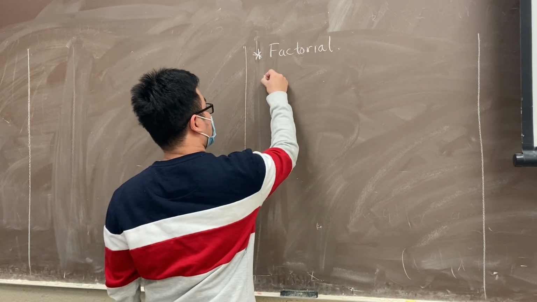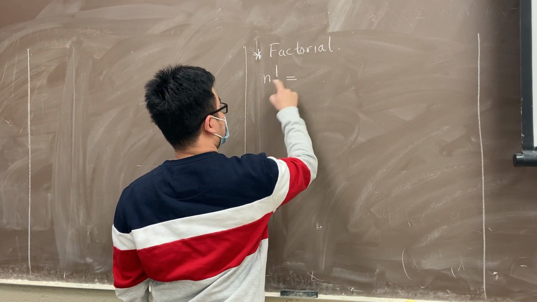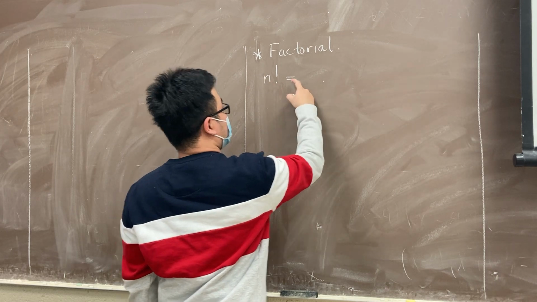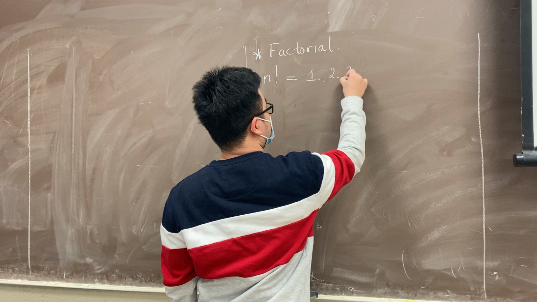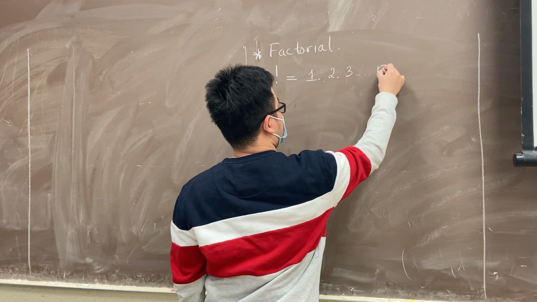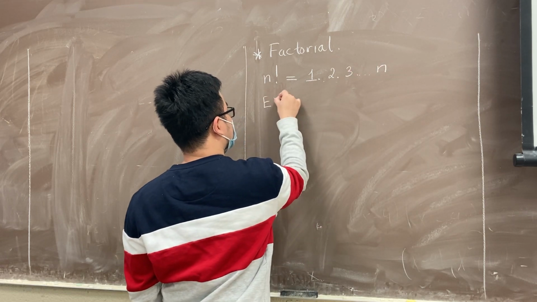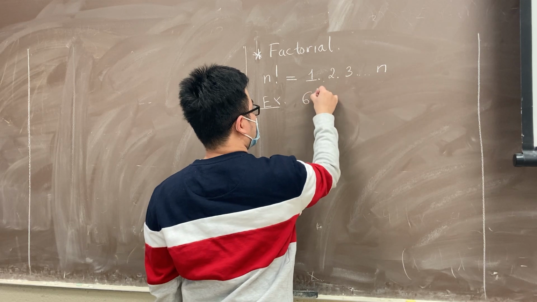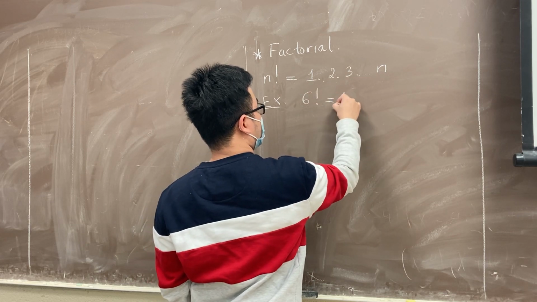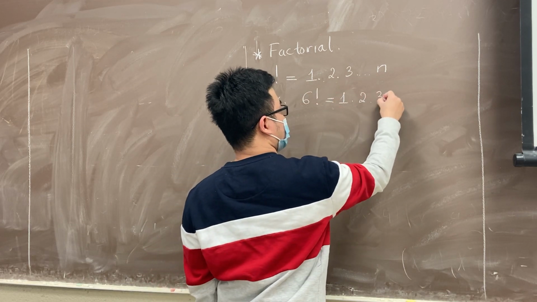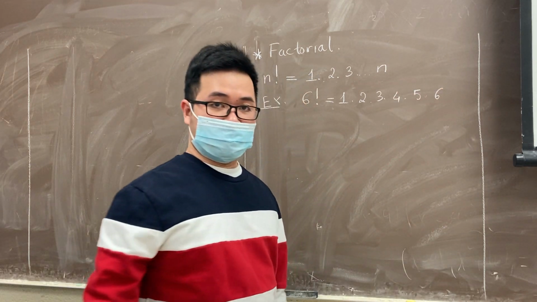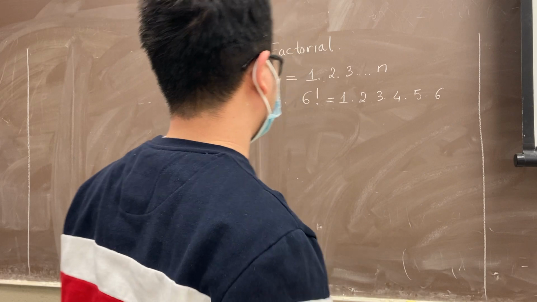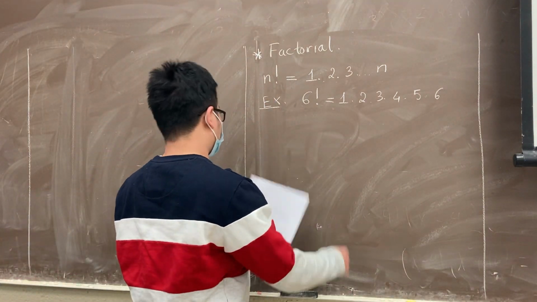The formula for n factorial is 1 times 2 times 3 up to n. For example, 6 factorial is 1 times 2 times 3 times 4 times 5 times 6, and you will get the result.